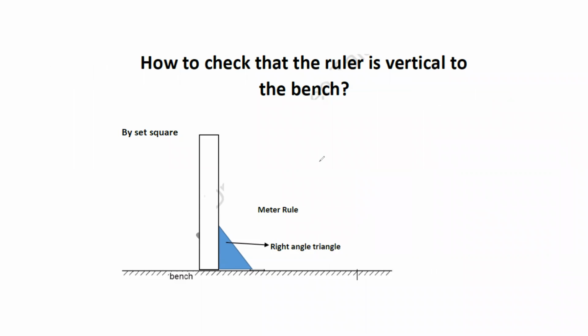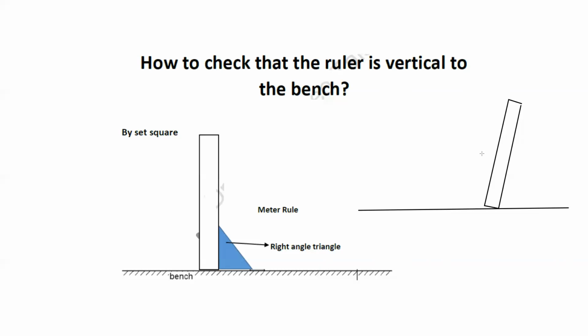So normally when we are using a ruler, to make sure our ruler is exactly vertical, we use this set square. For example, if this was the ground and you place a ruler, this is a ruler or scale. I'll reduce the angle of tilt so it is clearly visible that it is slightly tilted.